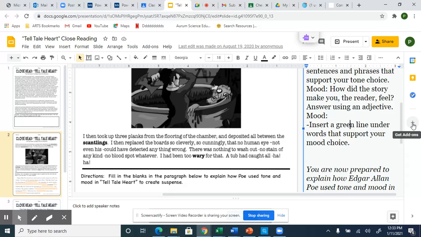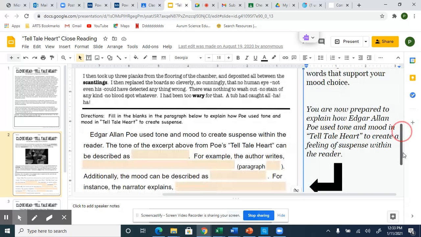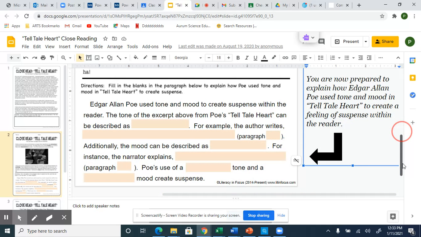I then replaced the boards so cleverly, so cunningly, that no human eye, not even his, could detect anything wrong. There was nothing to wash out, no stain of any kind, no blood spot whatever. I had been too wary for that. A tub had caught all." Ha ha! Well, it sounds like he thinks he's very clever.